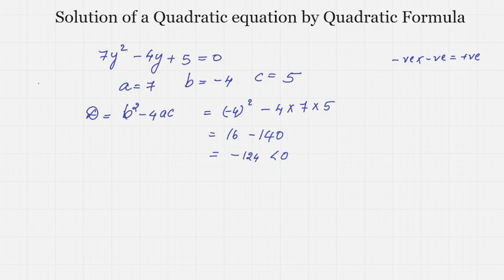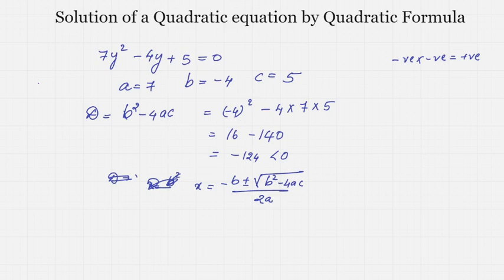Since d is less than 0, this d is coming in the formula inside the square root, right? Our formula is x is equal to minus b plus or minus root over b square minus 4ac divided by 2a.